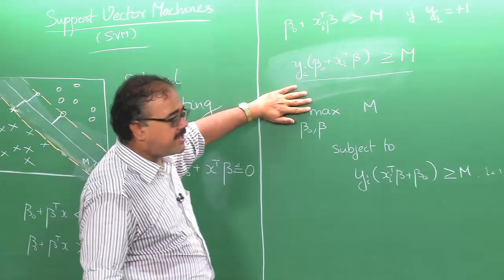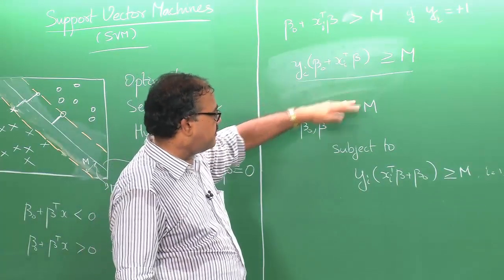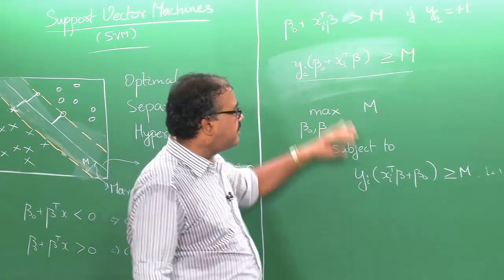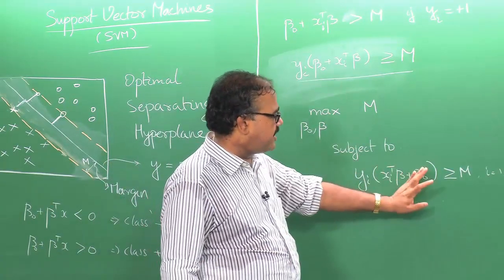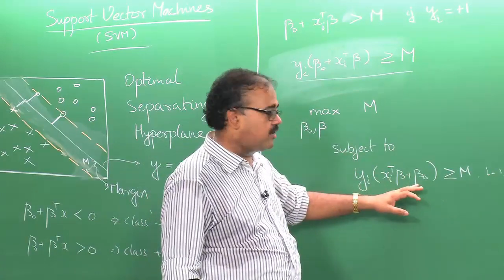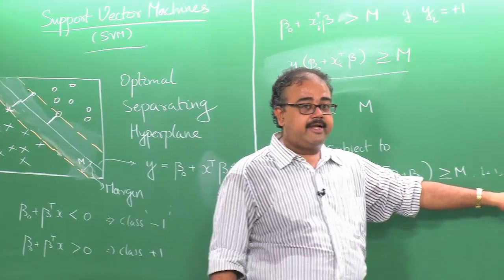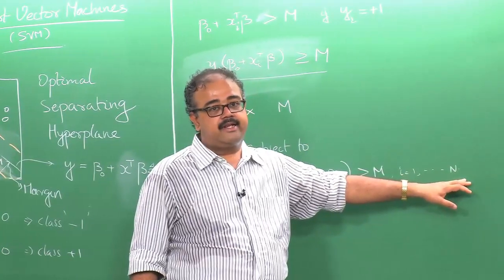So, I am going to maximize the margin m over beta naught and beta subject to the constraints that y i times x i transpose beta plus beta naught is greater than or equal to m for every data point in my training data.